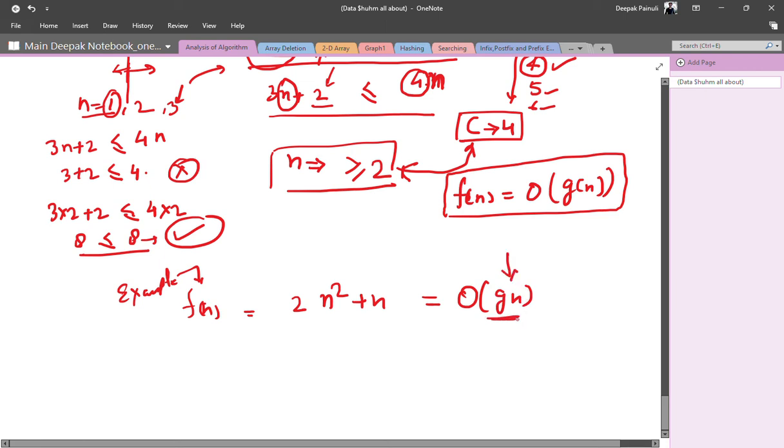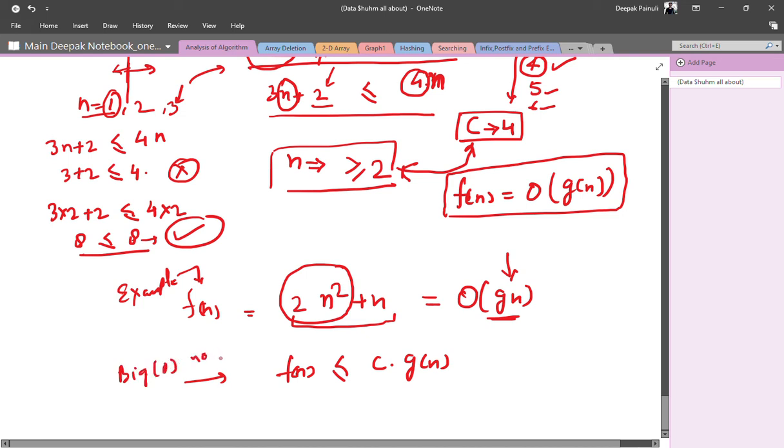And what should be gn here? Then you can simply see in the LHS that the dominating term in this equation is n square, right? So if you are going to prove the big O notation, you are going to put it like this: fn should be less than or equal to c dot gn. If you want to denote it by big O notation, right?